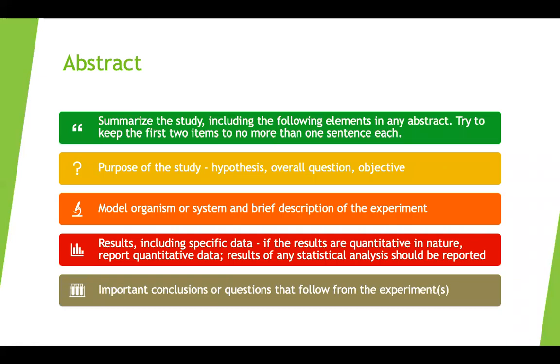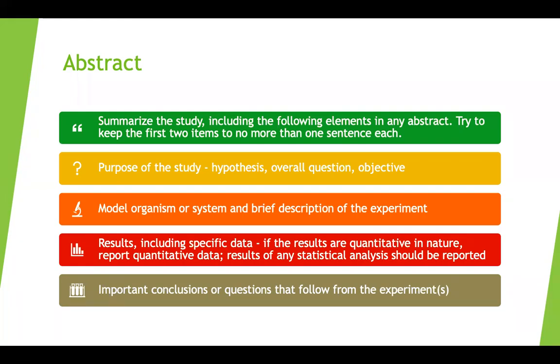So the abstract summarizes the study, including the following elements. Try to keep the first two items to no more than one sentence each. First of all, the purpose of the study. What is the purpose of the study?